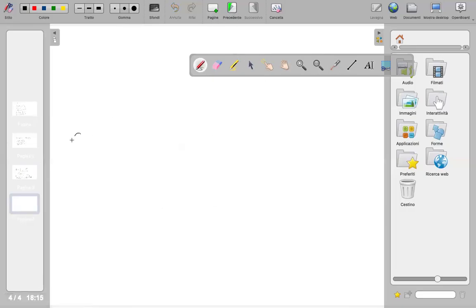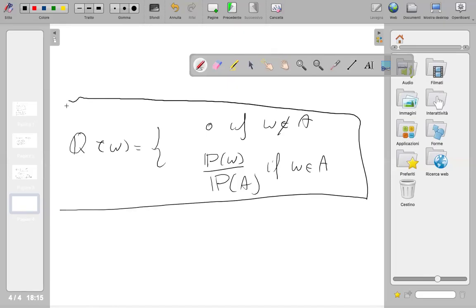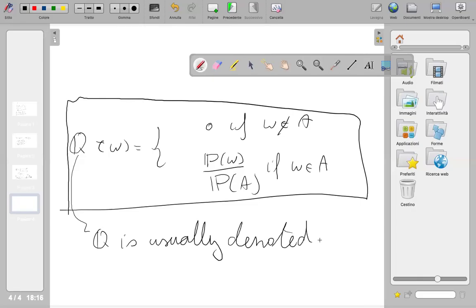So this new probability Q is equal to 0 if omega is not in A, and the probability of omega divided by the probability of A if omega is in A. This is the only way to define it, and Q is usually denoted in this way: the probability of something, where I put a dot because the events will go here.